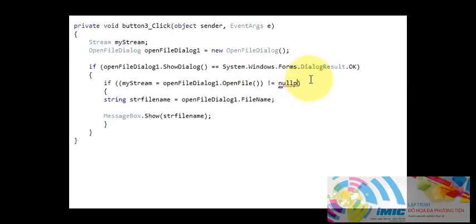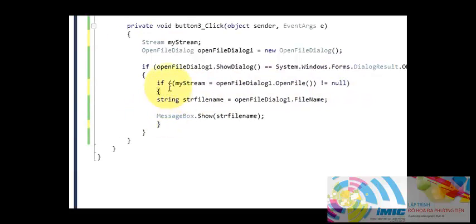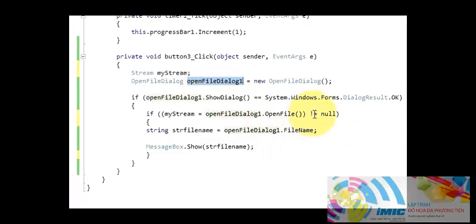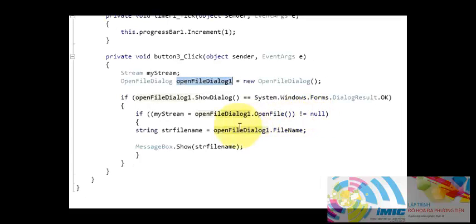It's showing an error, so I just delete the extra bracket. So we have made an if condition. In here we have written myStream, which is this variable, is equal to openFileDialog, which is this variable, dot OpenFile, is not equal to null.